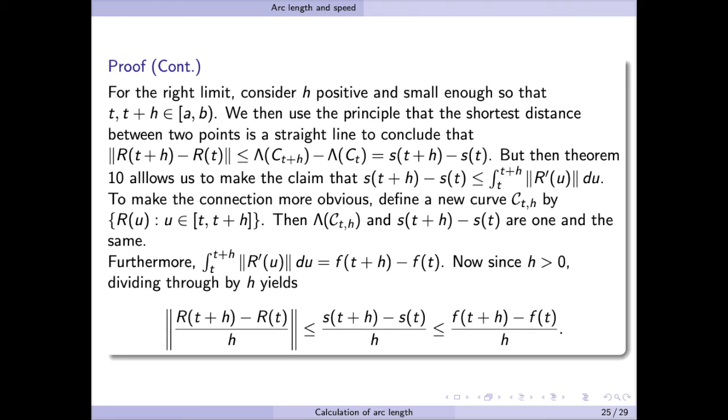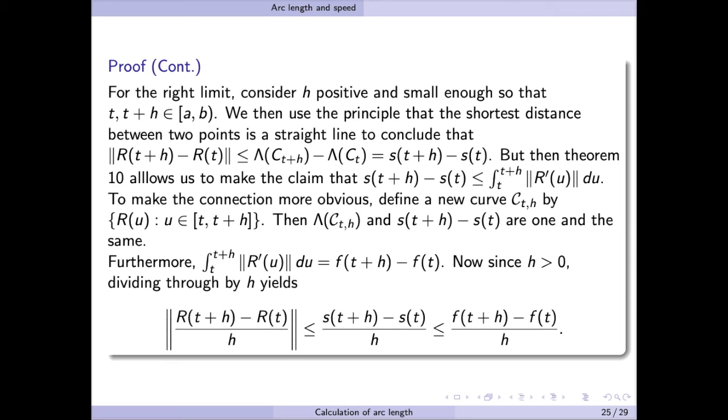Then lambda of c sub t comma h is identical to the quantity s of t plus h minus s of t. At this point, theorem 10 can make an appearance because we know that the arc length of the curve c sub t comma h is bounded above by the integral of the speed of the parameterization between the two endpoints of the interval, namely t and t plus h.